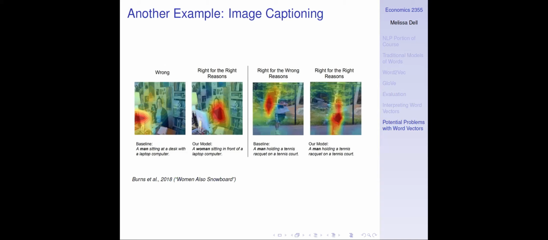This is another example, and it actually comes from image captioning. You'll remember when we talked about visualization in CNNs, we could see which part of the image would light up based on certain activations. The intuition is similar here. In image captioning, you put in an image and it outputs a caption.